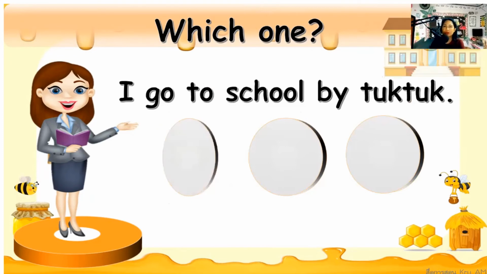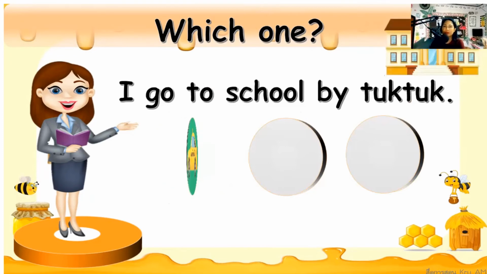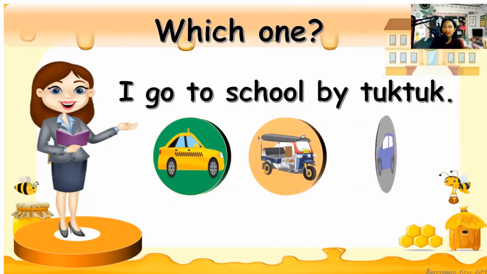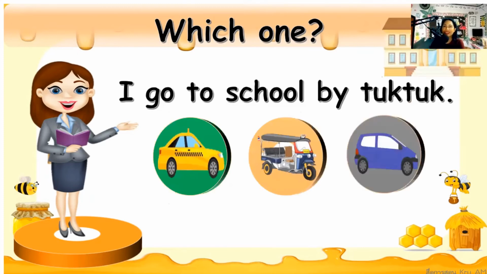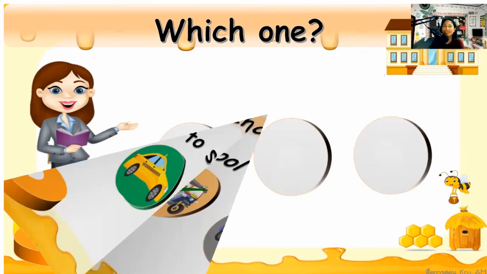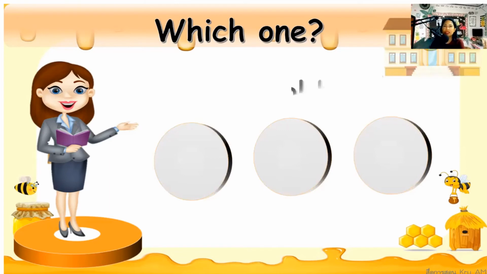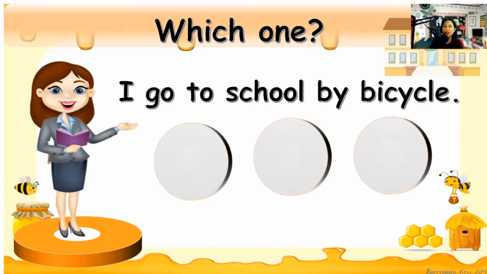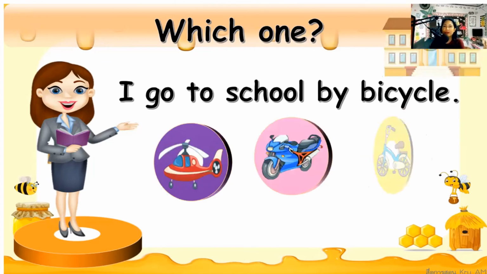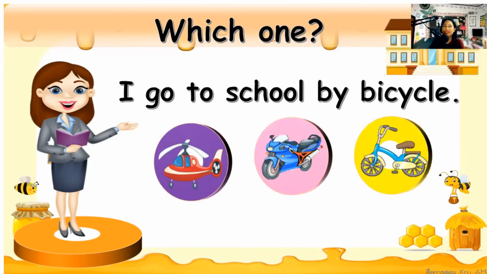Which one is tuk-tuk? First picture, second, or the third? That's right. The tuk-tuk. Which one? I go to school by bicycle. First, second, or third? That's correct. It's the third.